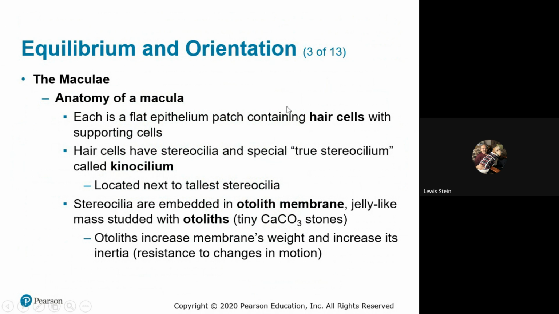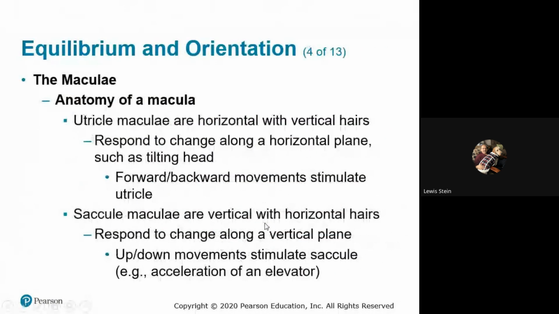So there are hair cells in this macular area embedded in a membrane that has otoliths. When you see the term lith, it means stone. This has a lot to do with inertia, the idea of going forward or backward.